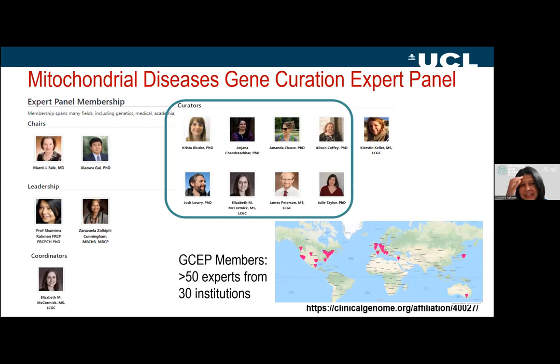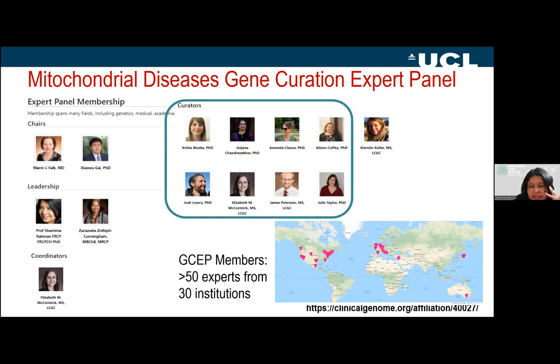So the last thing I want to tell you about is gene curation. With Marnie Falk at CHOP and Joe Guy in Los Angeles, we formed a huge consortium of people, the Mitochondrial Diseases Gene Curation Expert Panel within the ClinGen environment. I've shown you some of our biocurators here and where the people are in the world.